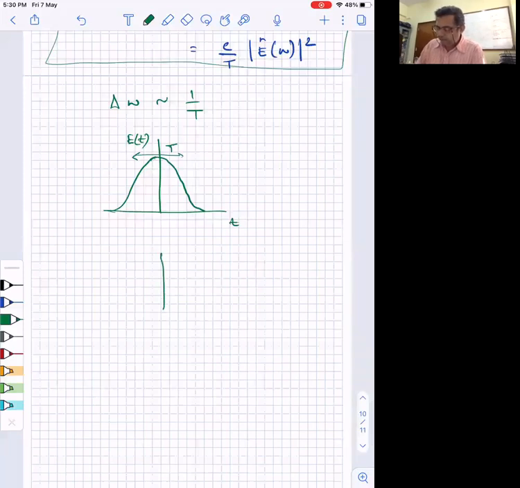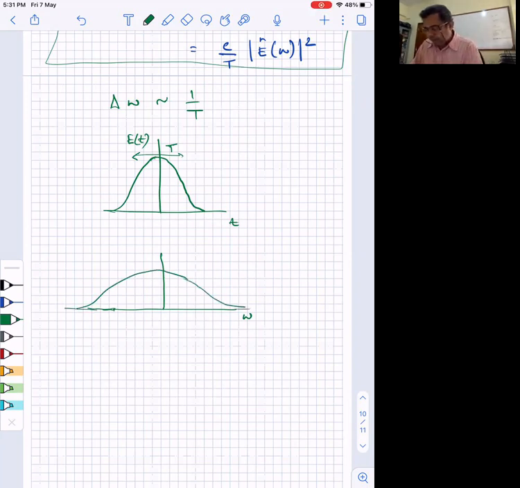And in this case, I can find the spectrum. So this was E of t. The spectrum will be E of omega, right? And the spectrum will be something like this. Over here, this has a delta omega, just like delta t.